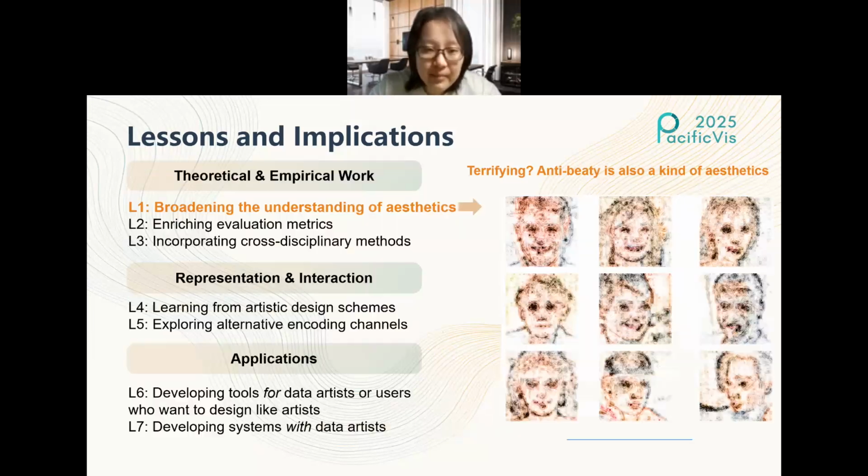For example, we argue that there is a need to broaden our understanding of aesthetics. Although previous research often simplifies aesthetics to hedonic features, artistic data visualization shows that aesthetics is not just about beauty.